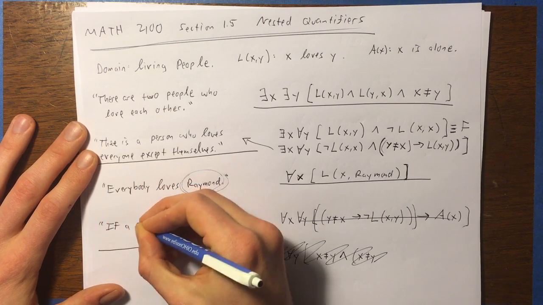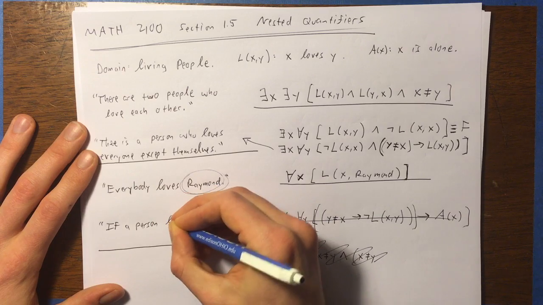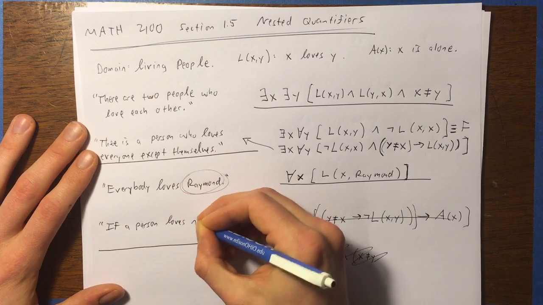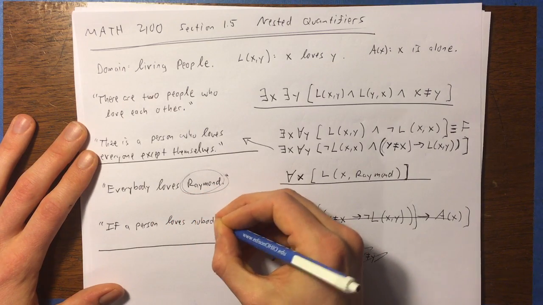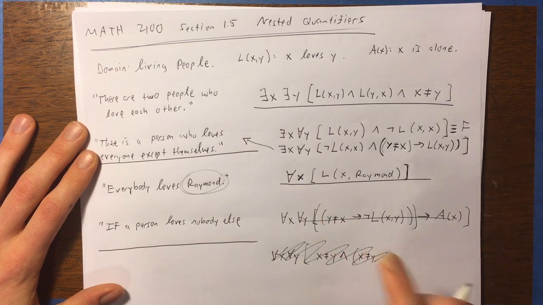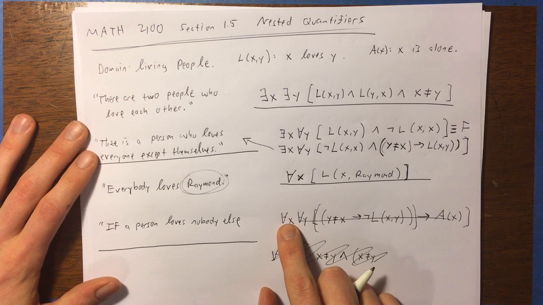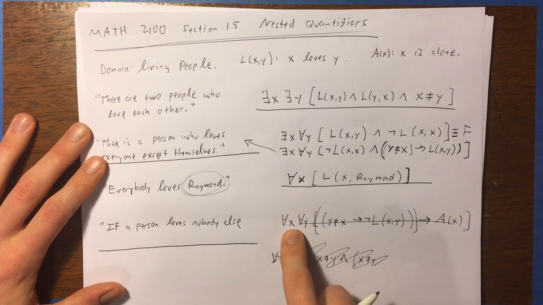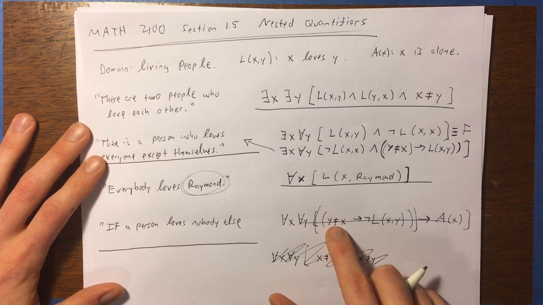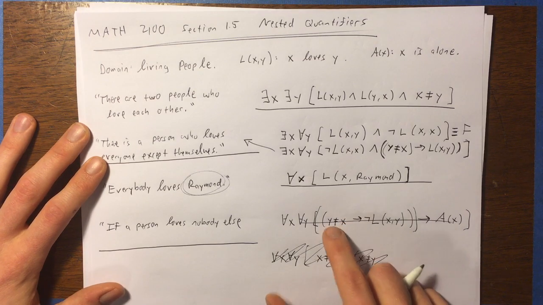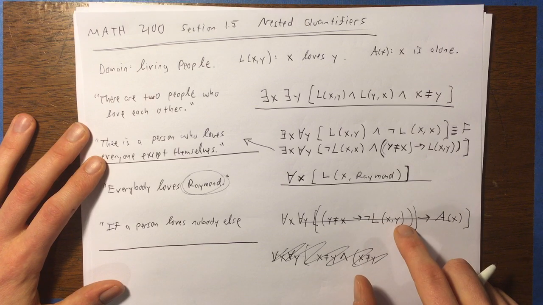If a person loves nobody else, okay, so what I'm trying to say is, for any person, if they love no other people, right? If you take any other person that's not them, then they don't love that person, right?